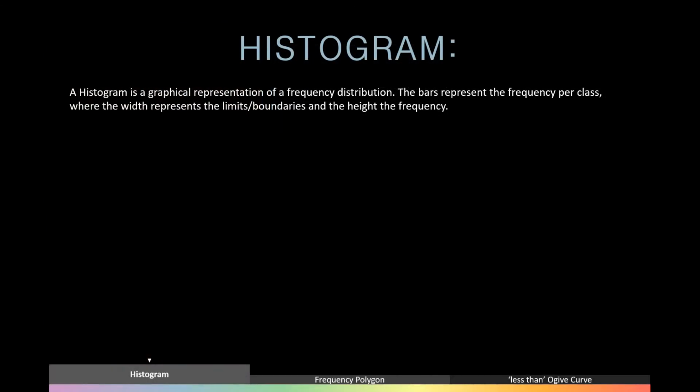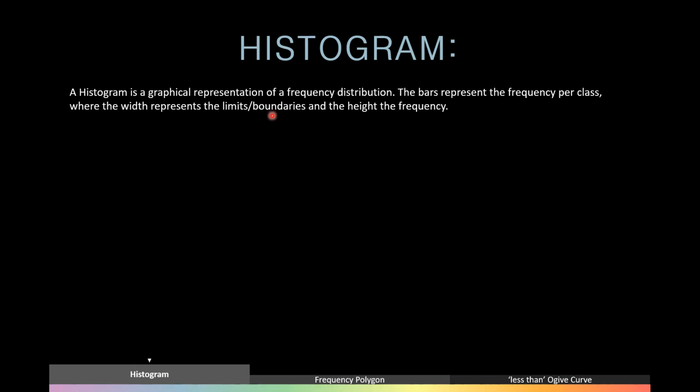A histogram is a graphical representation of a frequency distribution. As I said before, we're going to take a frequency distribution and take the data from that table and convert it into a picture. Our bars are going to represent the frequency per class, where the height of the bar represents the frequency, and the width represents the class limits or the class boundaries.